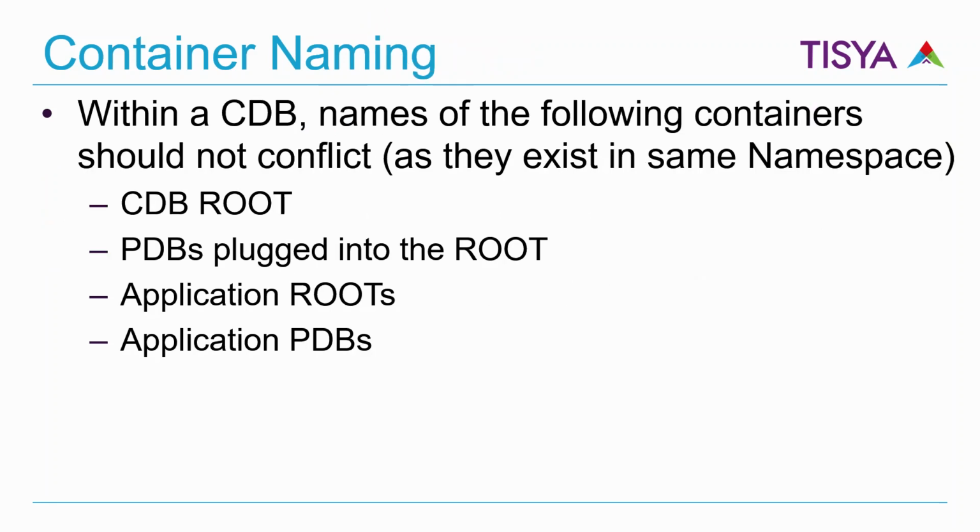Next, the names of the following containers cannot conflict: the root, any PDB that you plug in from another container database. You have the ability to move PDBs by plugging them out and plugging them in, or application roots or application PDBs. None of them can have conflicting names.